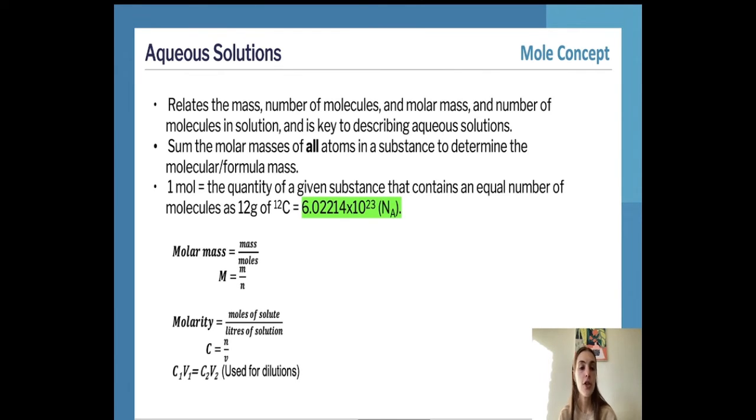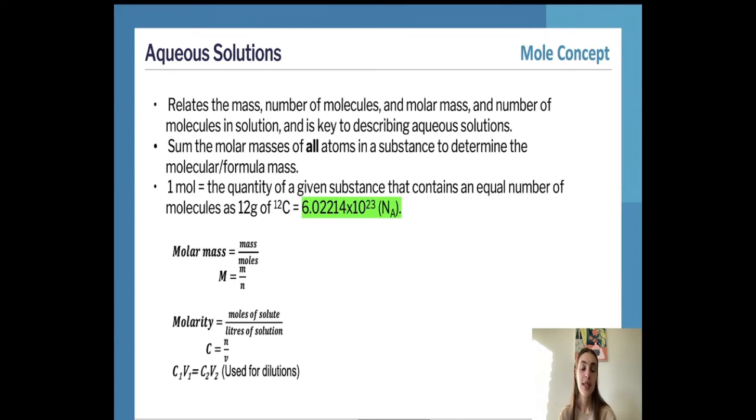So it's basically our concentration equaling the number of moles of the solute which we've put into the solution divided by the total volume of the solution which we have.